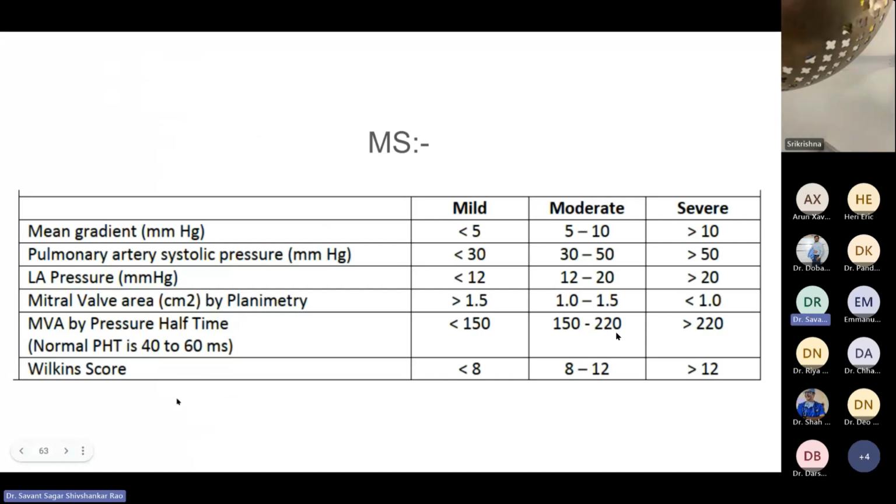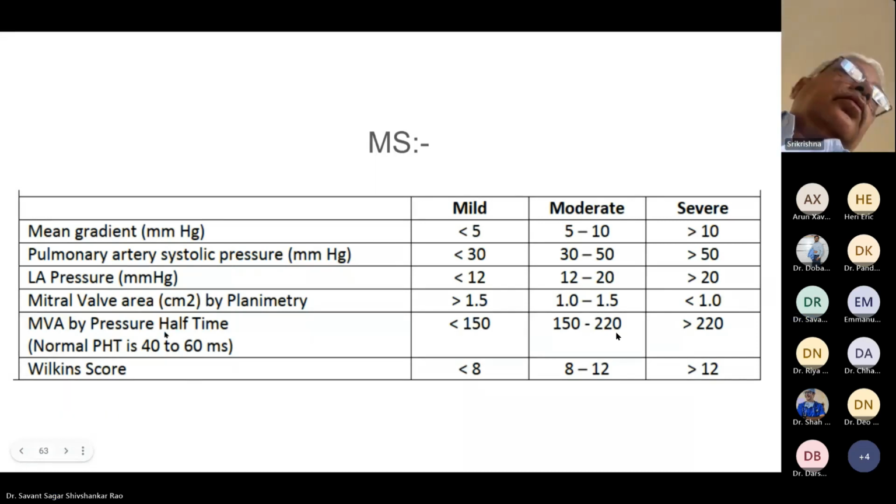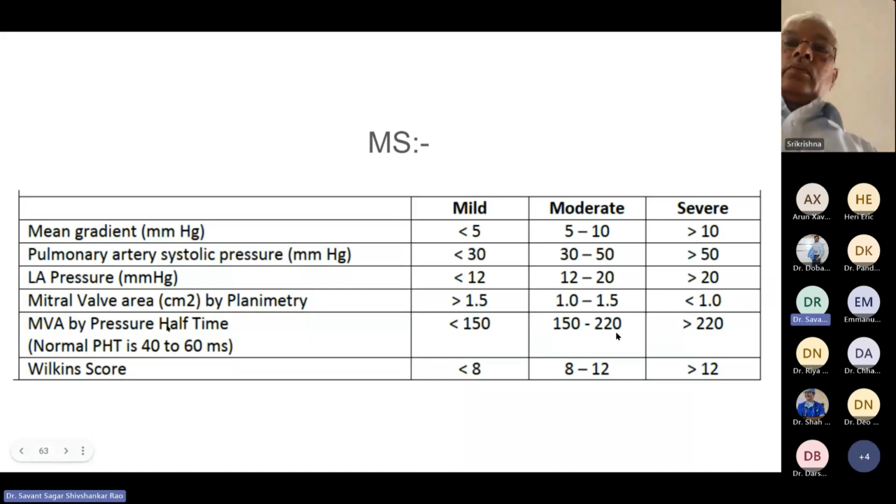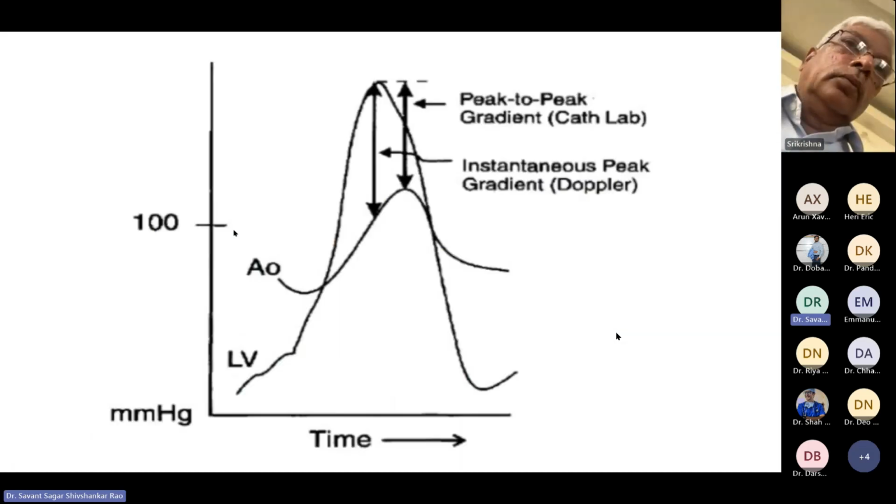To assess the stenotic function, we use planimetry at the short axis of the mitral valve to assess the valve area. We will understand the pressure half time. Gradient can be assessed by using continuous wave Doppler at the mitral inflow level, and by tracing the peak level, we get the mean as well as the peak gradients.